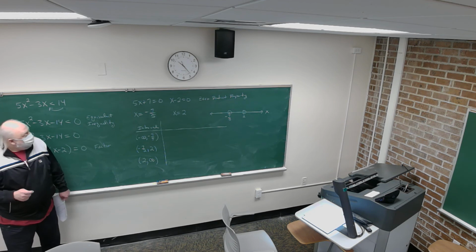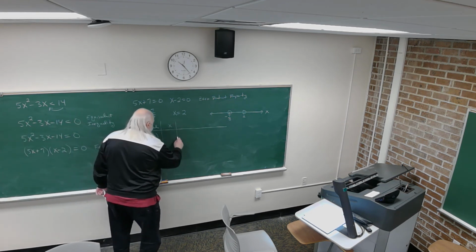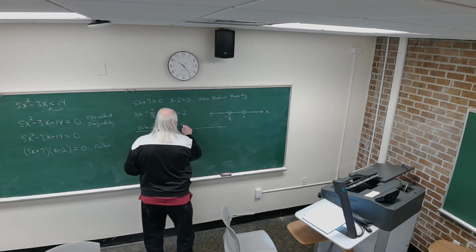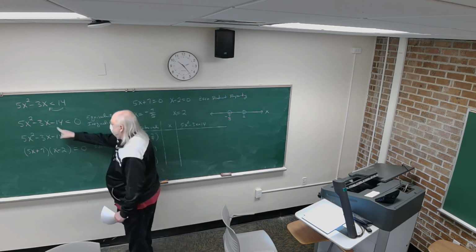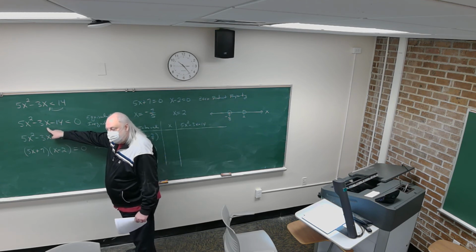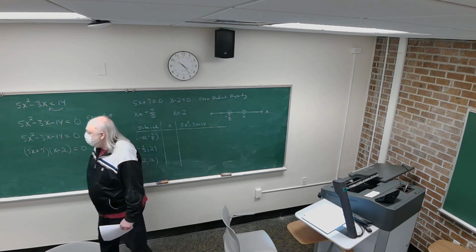So for each of these intervals, we select a value of x as a test point, and then we use it to determine whether it makes the left-hand side up here greater than 0 or less than 0. One of those two things will happen.